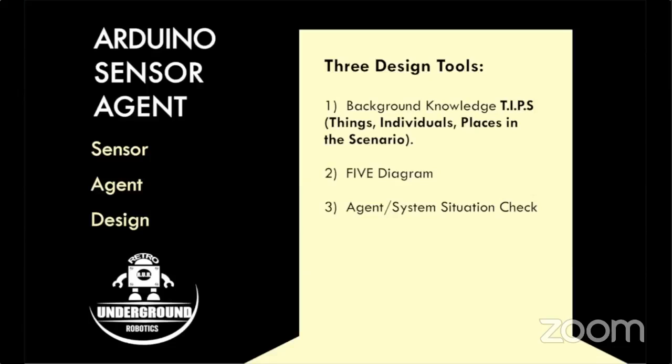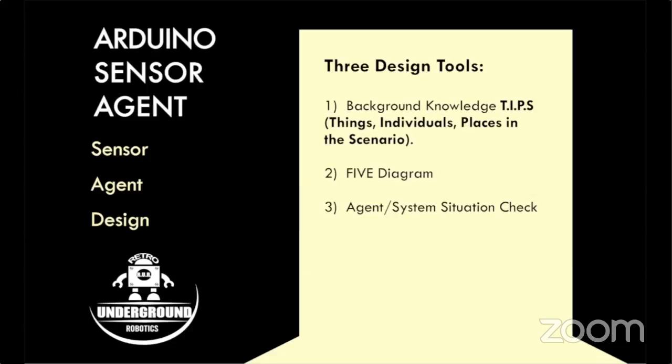And for those of you out there using Solaris, StarOffice actually works pretty good, it's pretty compatible. And then the last thing that we do is what we call the agent system check, and we do that with a spreadsheet. The 5 diagram is a visualization that lets you see visually what things look like.